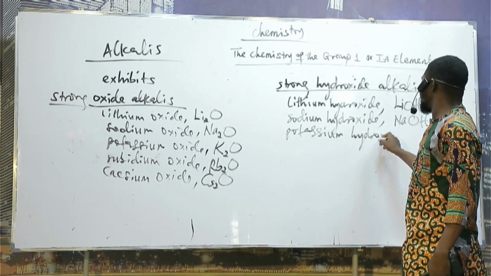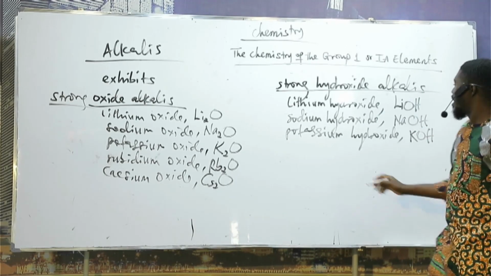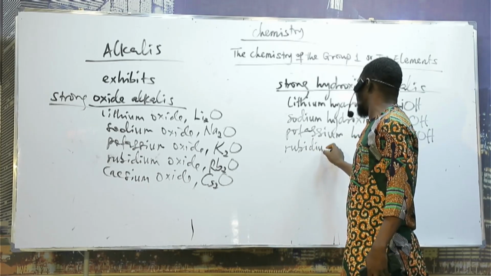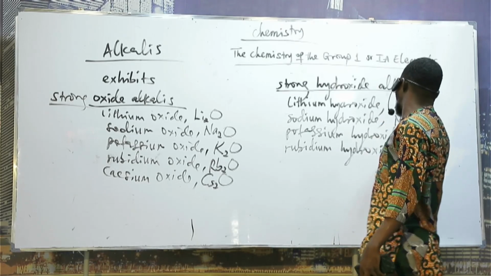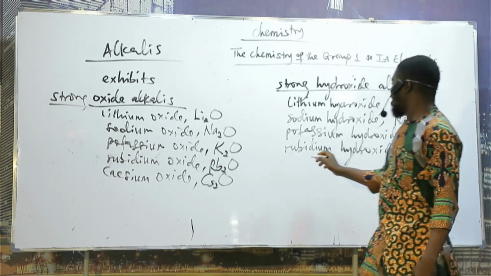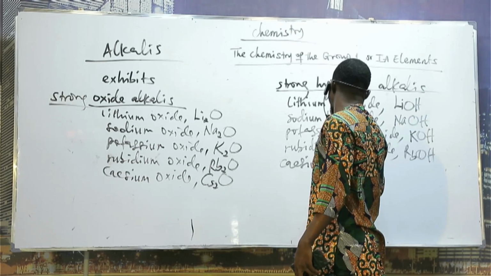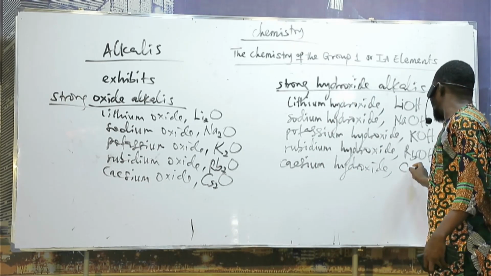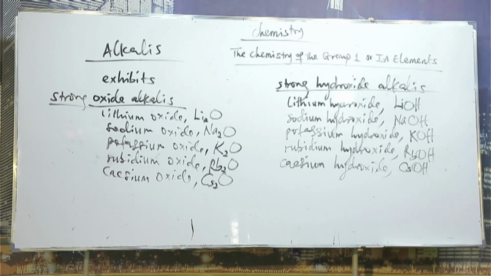What is the formula? KOH. Another one, rubidium hydroxide. What is the formula? RbOH. Finally, you have cesium hydroxide, which is what? CsOH.